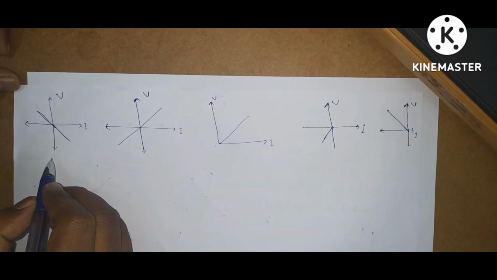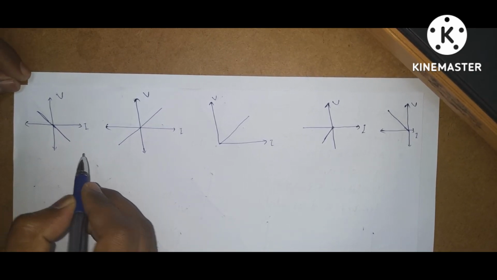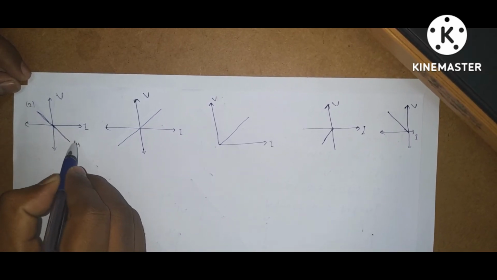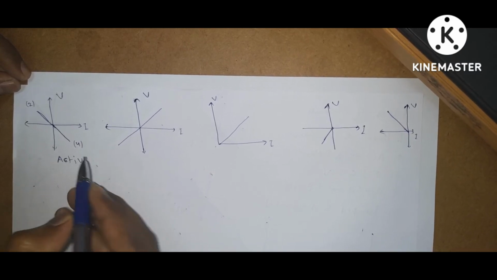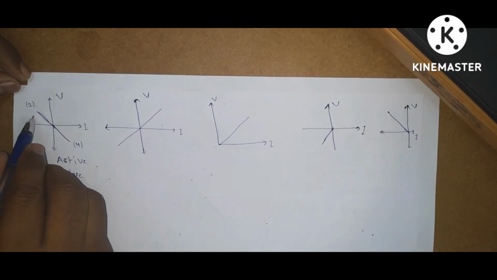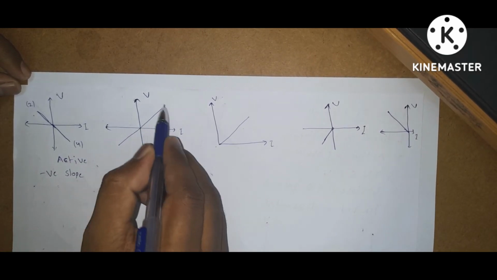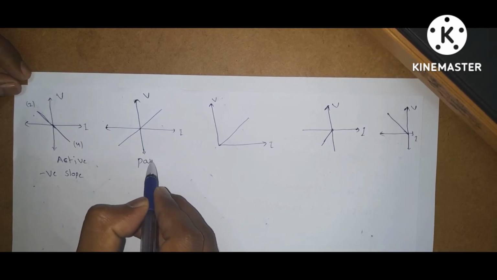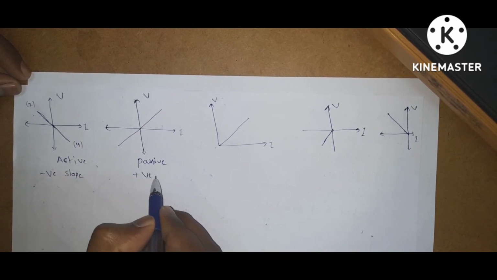Now observe the graphs. If an element has negative slope, that means the characteristics lie in the second and fourth coordinates, it is an active element. If the slope of the characteristic line is positive, then the element is called a passive element.